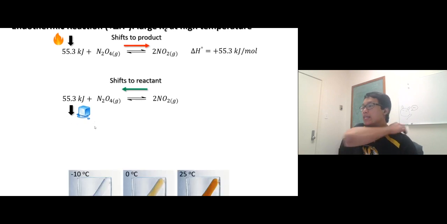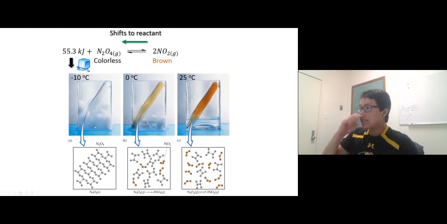Right? That's the reason why this happened. If you remember, N2O4 has no color, and NO2 is brown in color. At low temperature, so we remove heat, the equilibrium shifts backward. That's why the color of this equilibrium is no color, because this equilibrium shifts to N2O4.